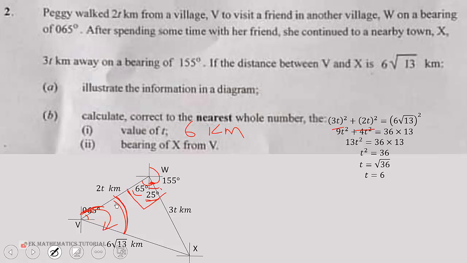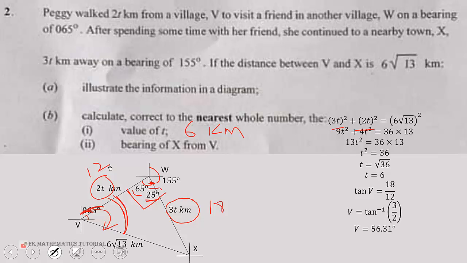So this angle V is given by tan V equals opposite over adjacent, which is 3t, which is 18 now, over 2t, which is 12 now, because t is equal to 6. So V will be equal to tan inverse of 3 over 2, because 18 over 12 is 3 over 2. Then V equals 56.31.